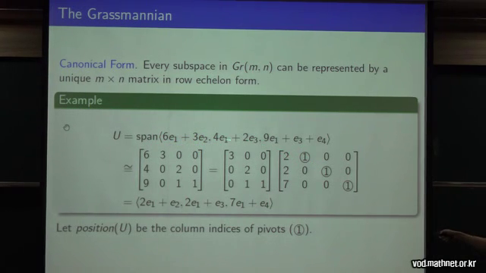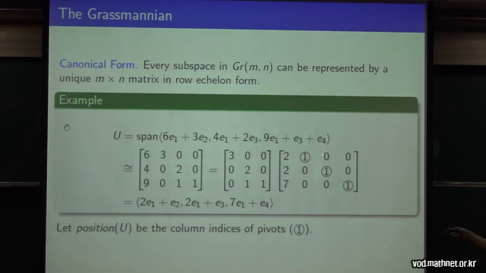Here we have an E3, but we already have a leading term E3, so we can subtract a multiple of the other vector to get rid of E3. So that's the case.